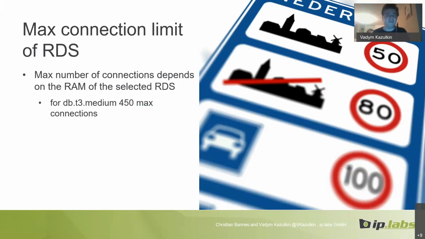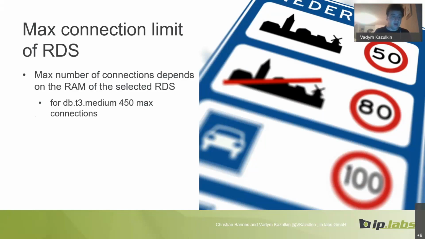And if you have many Lambdas, you may run out of these connections and just can't communicate with the database. The situation is that Lambda, the small functions which may run quickly, are not a very good fit for communicating with relational databases, because there you rely on connection pooling and so on, and these are short-lived functions. If the function is idle for 1 hour, the whole container may be released, so then a new container has to be started and so on.